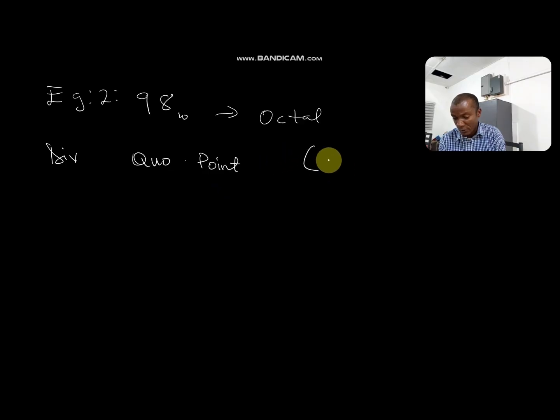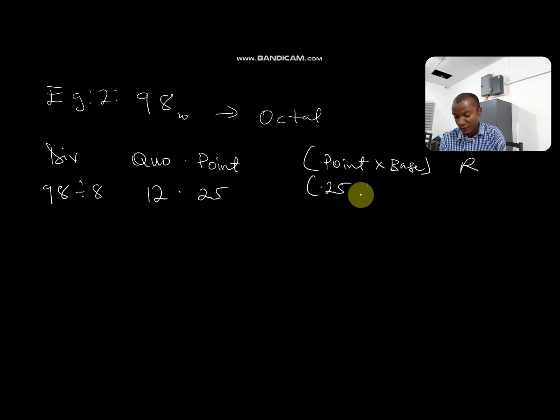Then to get the remainder is the point multiplied by the base to get the R. So 98 divided by the base, which is 8. So 98 divided by 8, I will get 12.25. To get the remainder, 0.25 times the base, which is 8. So 0.25 times 8 will give me remainder 2.